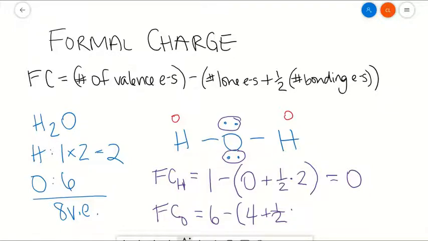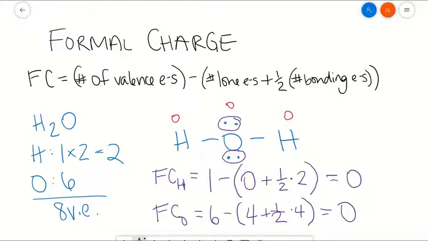So bonding on the left and the right. That's 2, 4 total electrons that are bonding. So 1/2 times 4 is 2, plus 4 is 6. So 6 minus 6 equals 0. That's just a look at how we calculate formal charge, and it just so happened that in water, they all had formal charges of 0.